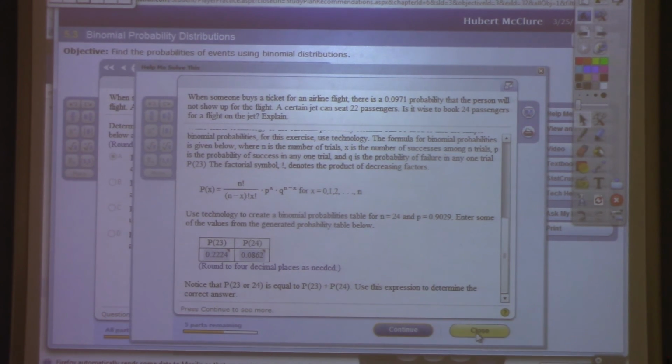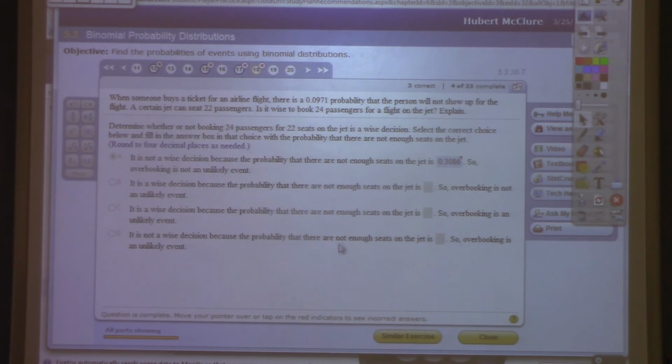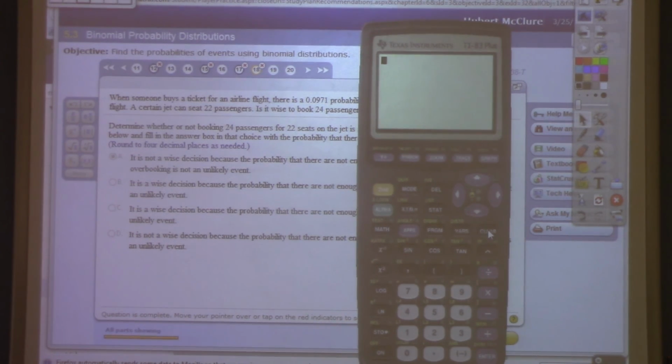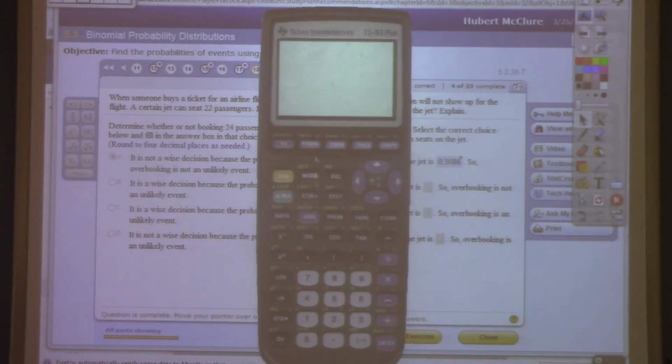I ain't gonna worry about it, maybe today. Let n be 24 for both 23 and 24 and see what happens. Let's try that, 23 and 24. You've already got the 24, so just second function, entry, change that last 24 to a 23. There you go. There it is, that's it, I'm sorry. They made N 24.